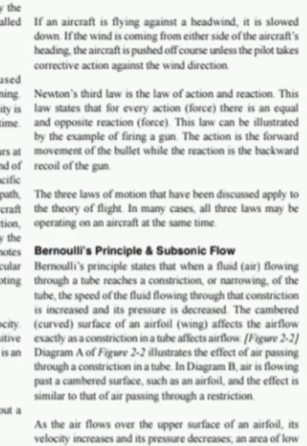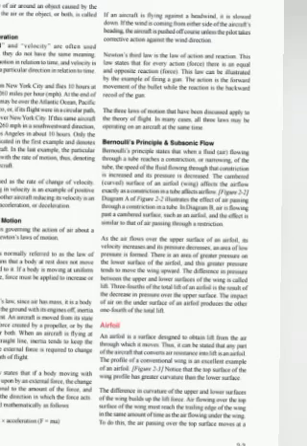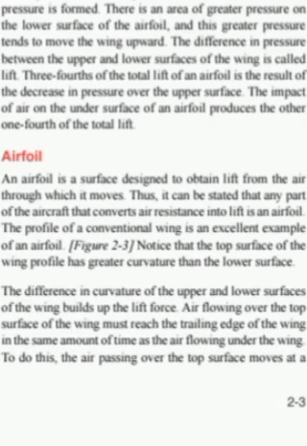As the air flows over the upper surface of an airfoil, its velocity increases and its pressure decreases. An area of low pressure is formed. There is an area of greater pressure on the lower surface of the airfoil, and this greater pressure tends to move the wing upward. The difference in pressure between the upper and lower surfaces of the wing is called lift.